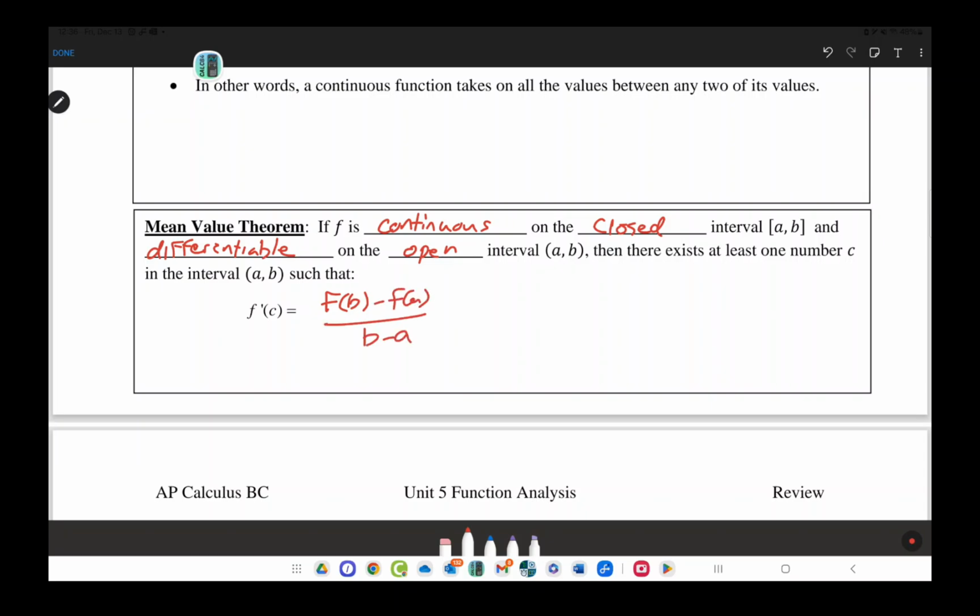The idea is that the instantaneous rate of change is equal to the average rate of change.